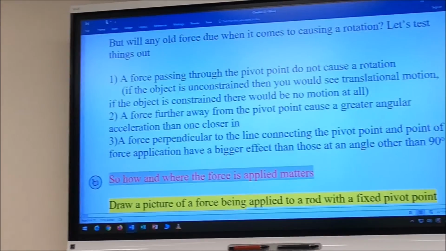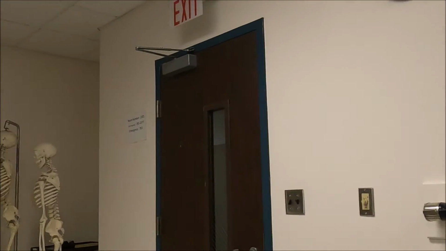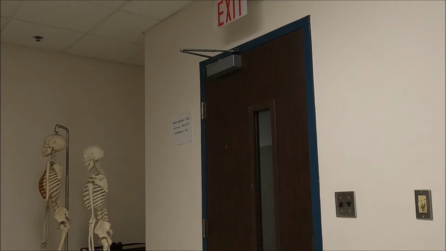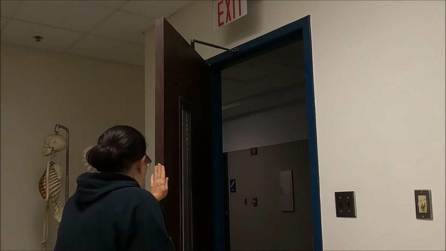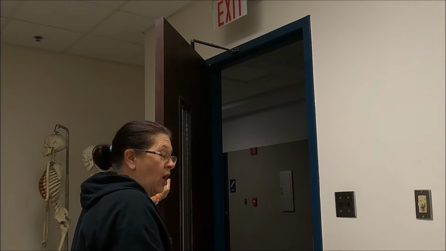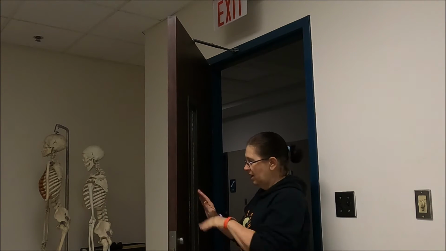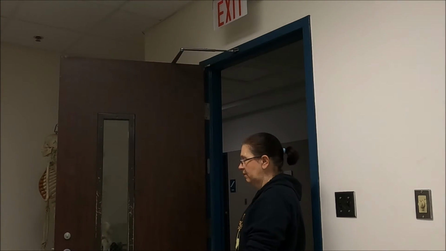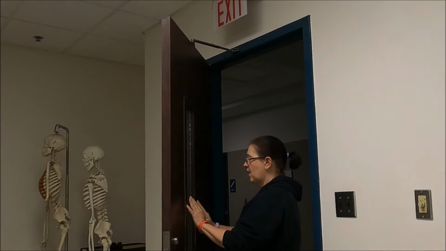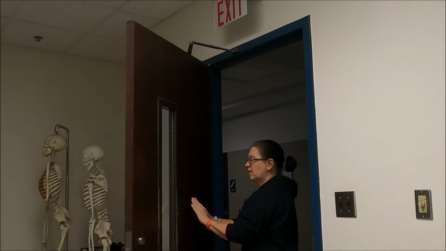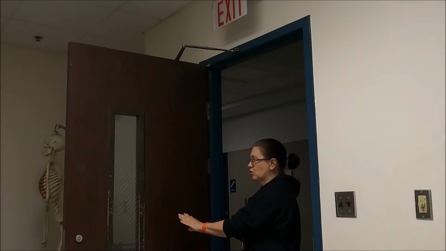Now guys, you can try this yourself with a door. Let's go over here and look at the door. The hinge is the pivot point. If I push like this, the door doesn't go anywhere. If I push here, I cause a rotation. Now, if I move further toward the hinge and I push with the same force, notice I don't get the same angular speed.